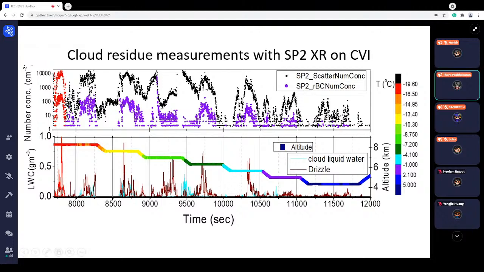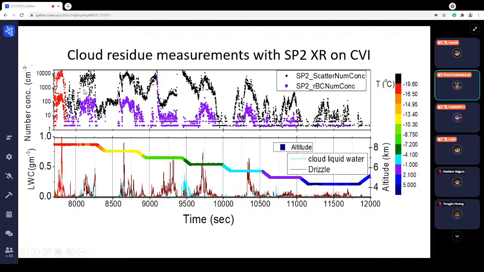In the upper plot, we have done some CVI measurements with the SP2-XR instrument, where we can look at the scattering as well as the RBC particle number concentrations. Our idea is to trace the seed particles if they are present at lower altitudes.